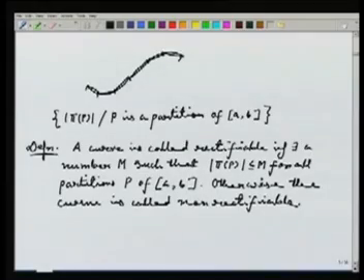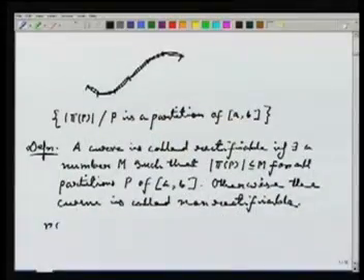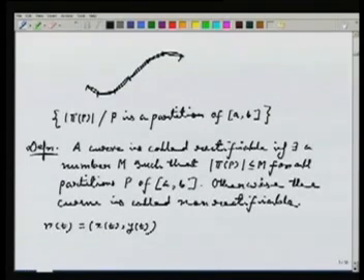Now, to make things precise, I would start with a curve r, r(t) equals (x(t), y(t)). I will put some condition on x and y. These are the good curves I would like to deal with because I don't want to face some weird curves.